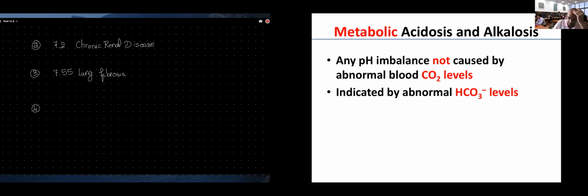Person came to the hospital with a blood pH of 7.55 due to ingestion of antacids.